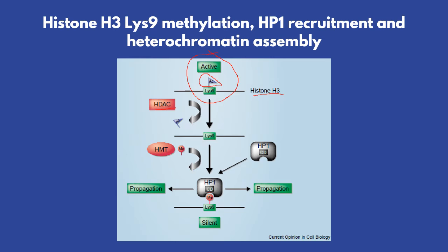Methylation here is possible with the help of the enzyme histone methyltransferases. Methylation of lysine residue number 9 recruits heterochromatin protein 1, or HP1, which somehow prevents this gene from being translated, and therefore this silences the gene.